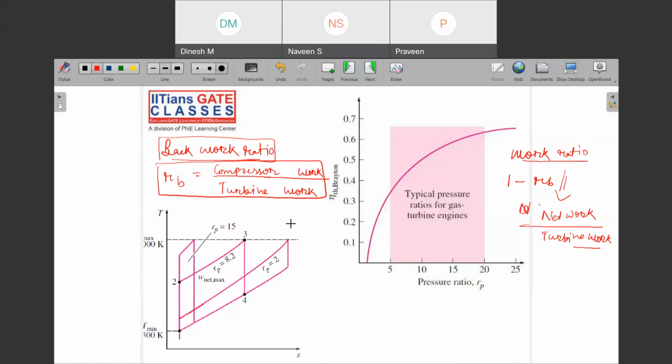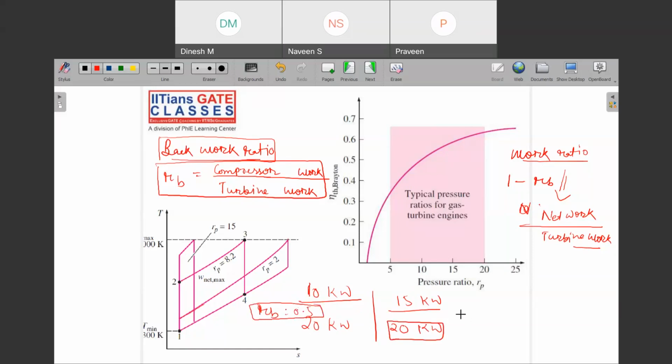So let us say that initially I was consuming 10 kilowatt and my turbine work was 20 kilowatt. Now my compressor work has increased to 15 kilowatt, but my turbine work was 20 only. So here my RB value is 10 by 20, which is 0.5 only.